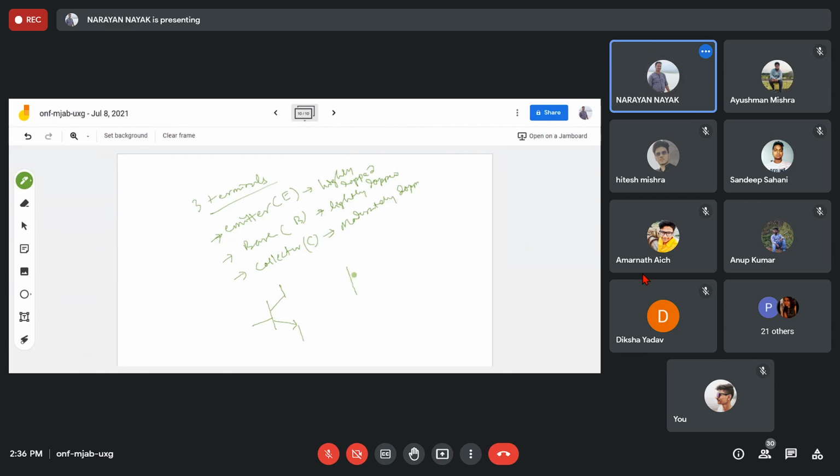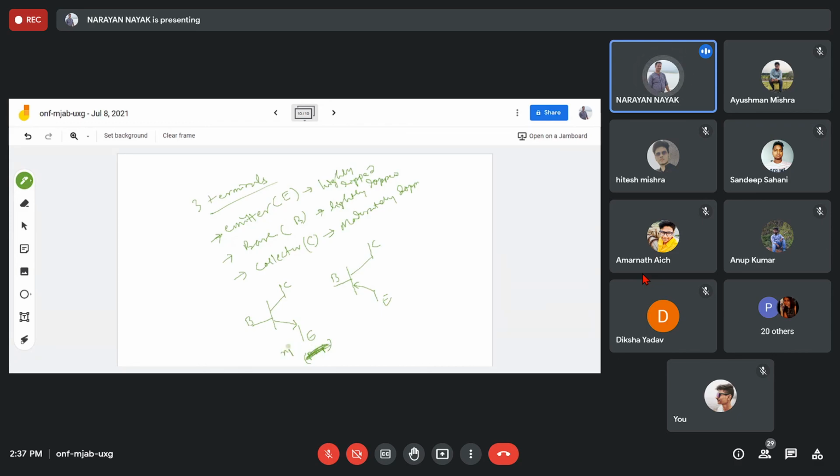We call this the emitter, this is the base, and this is the collector.